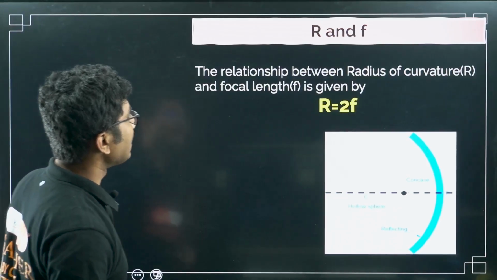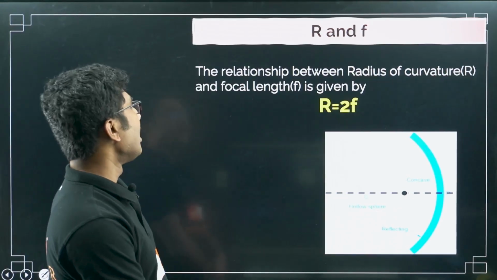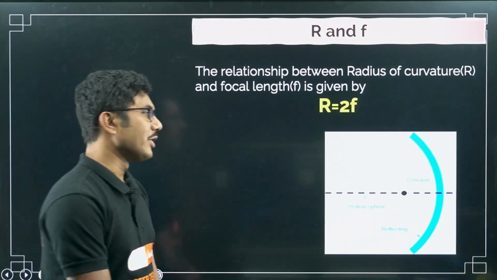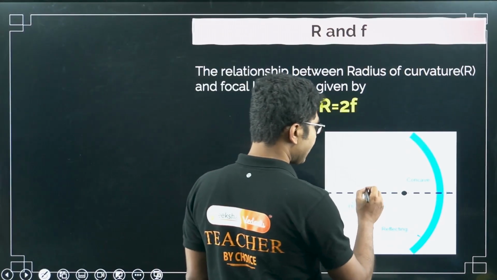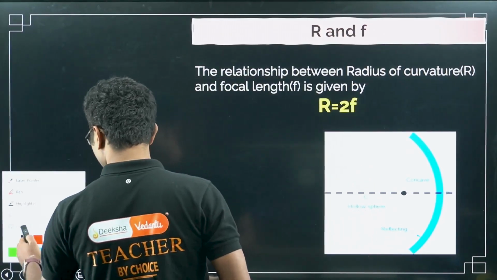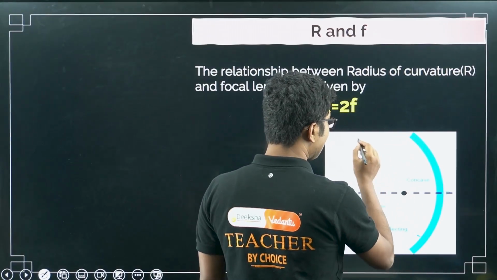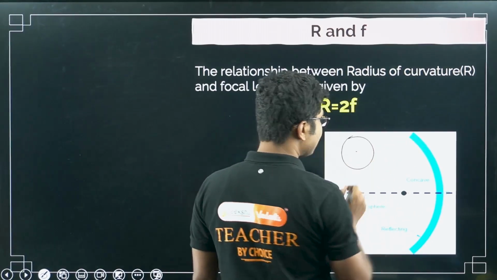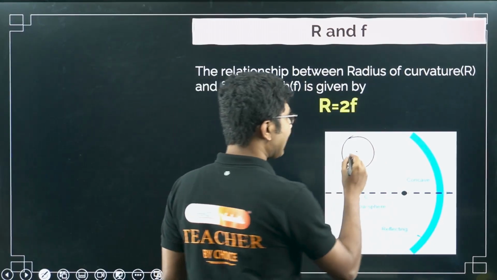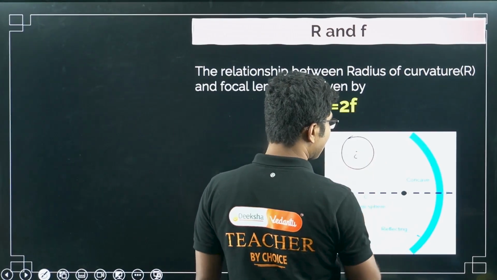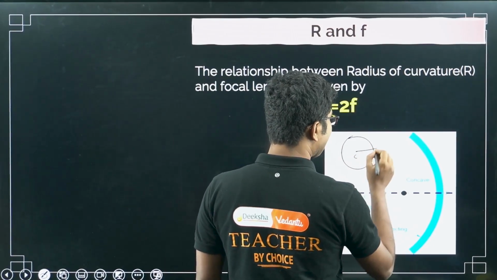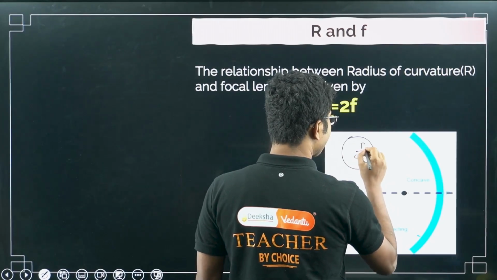The relationship between radius of curvature and focal length is R equals 2F. So this is the center of curvature. What is radius of curvature, if you have forgotten? A spherical mirror is a part of a sphere. The sphere has a center, and that center is called the center of curvature. The distance between the center and the surface is called the radius of curvature.